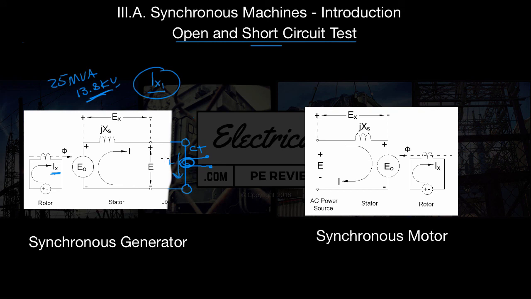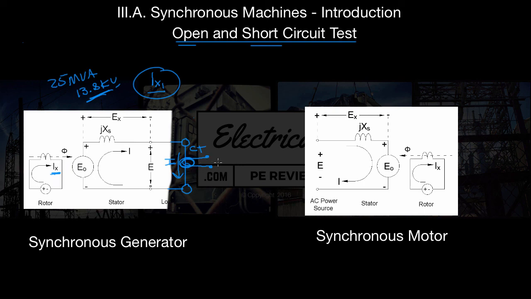With the windings shorted, there's absolutely no load on the windings. So I of X, what they do is they use IX1, which is the field current they found from the open circuit test to produce the rated voltage. They apply that same current on the excitation current, and then they measure this amp reading here.